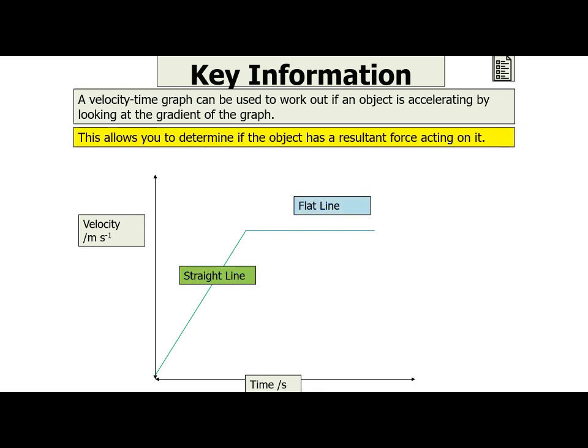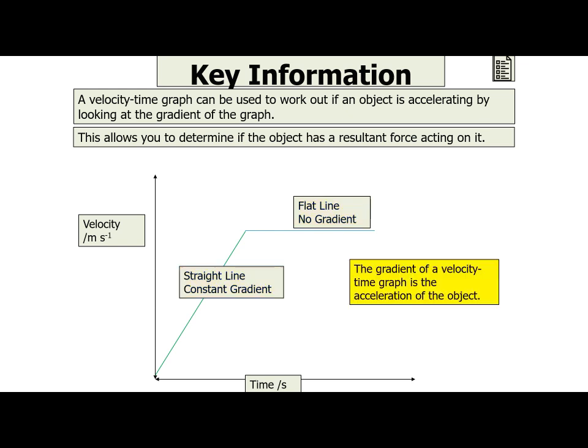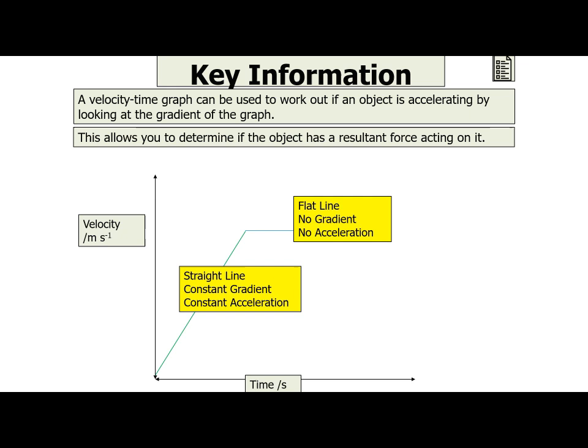Now this allows you to determine if an object has a resultant force acting on it. So you'll see with our straight line we have a constant gradient, and with a flat line we have no gradient. Now we remember that the gradient of a velocity time graph is the acceleration of the object. So our first section shows constant acceleration, and our second section shows no acceleration.